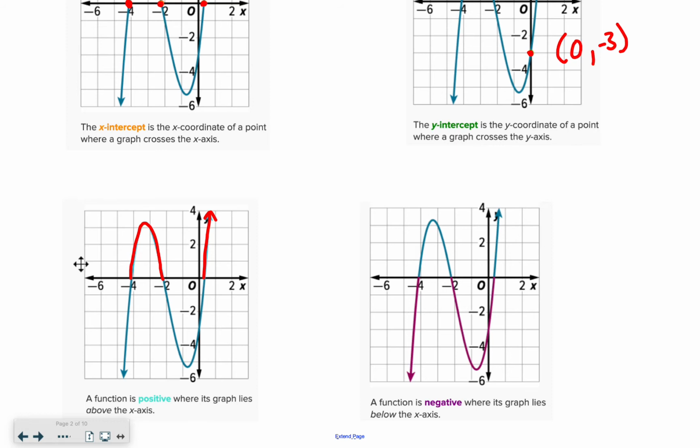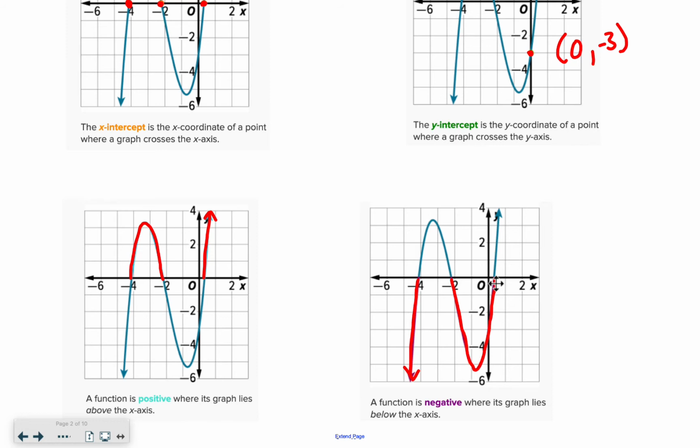And then over here, it's negative when it's below the x-axis. You can see the part that goes down like that, and then the part that comes down like this. So that red, again, is the negative. And the way that you write where things are positive and negative is you use inequalities, like x is less than this, or x is greater than this. And we'll look at some concrete examples of that.